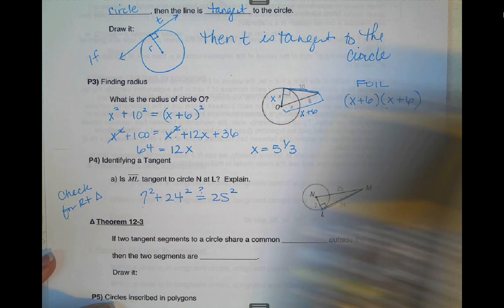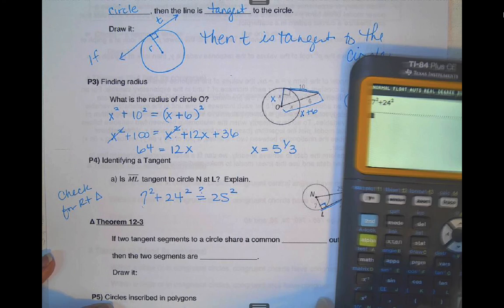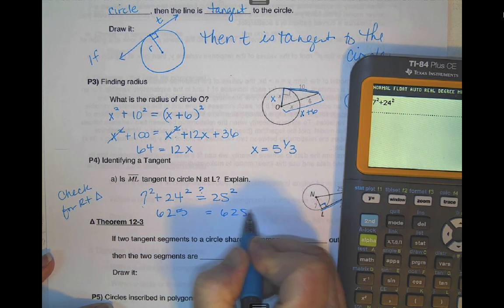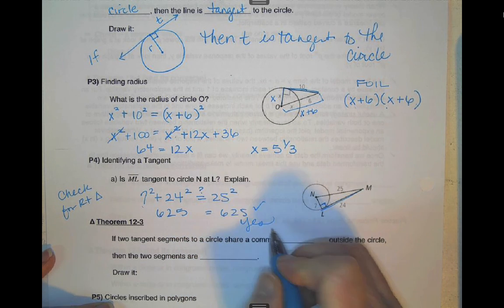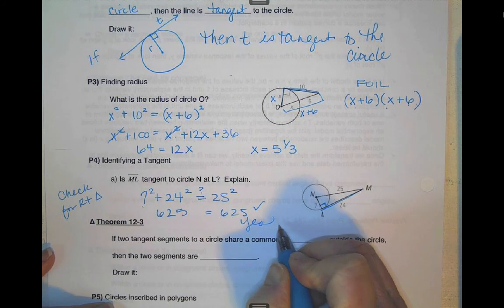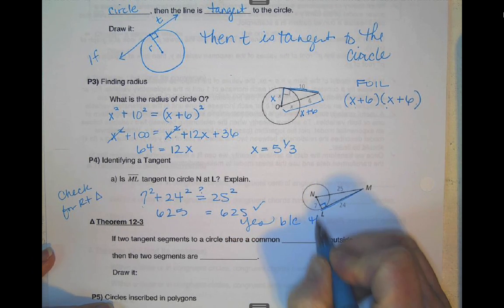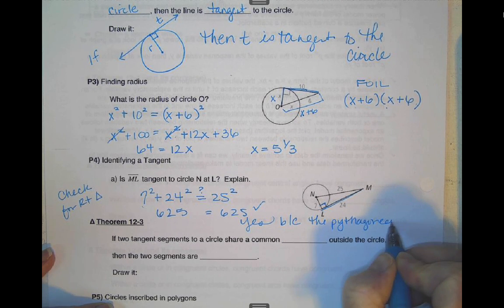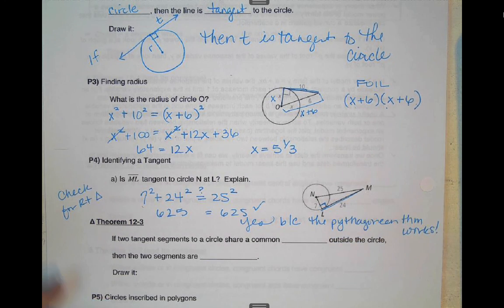So you do this math here. So you have 625 on this side. 25 squared is 625. So yes, I'll say yes because the Pythagorean theorem works. Okay.